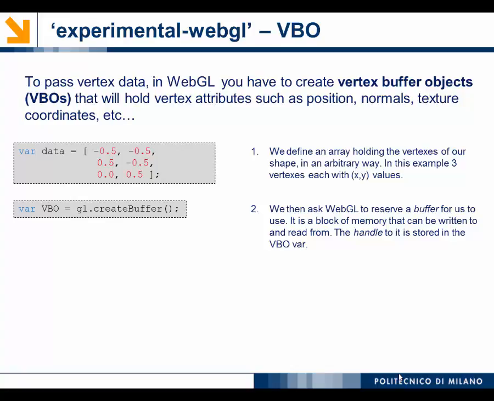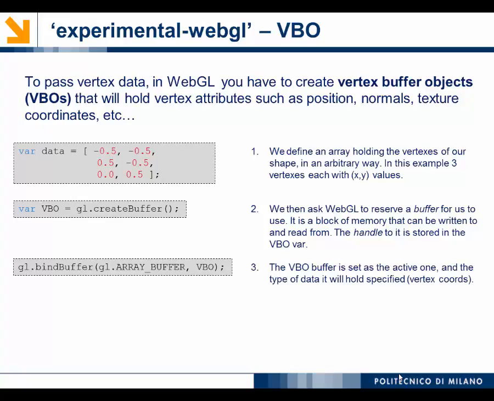This is what this createBuffer function does, and it returns a handle, which is something a little bit different from a pointer, but the idea is more or less the same. A handle to that portion of memory. So if I want to use the data I put somewhere, I must use this handle. So now I have a portion of memory reserved for storing some vertex data.